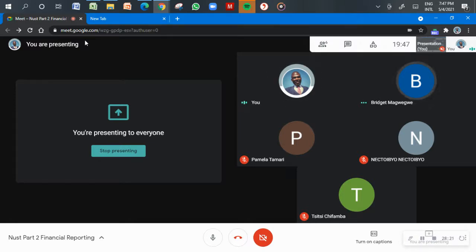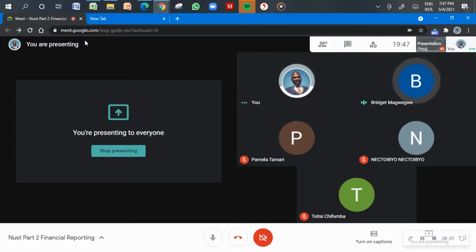So, if I get you correctly, you said we just provided for tax. Suppose when we are calculating tax due to Zimra, we make a provision, say for 10,000. Then when we submit our financials for our income tax, whatever computation to Zimra, then Zimra says probably you are going to pay 12,000.